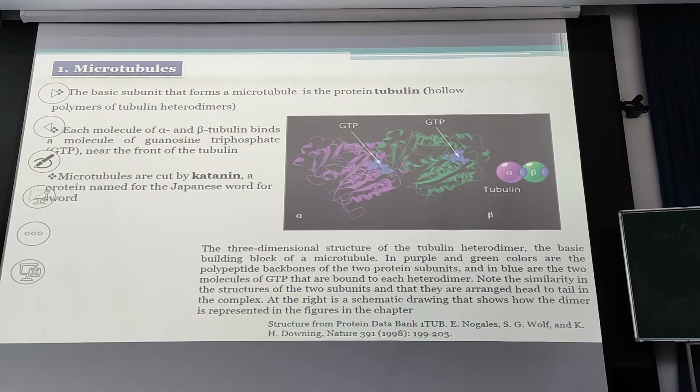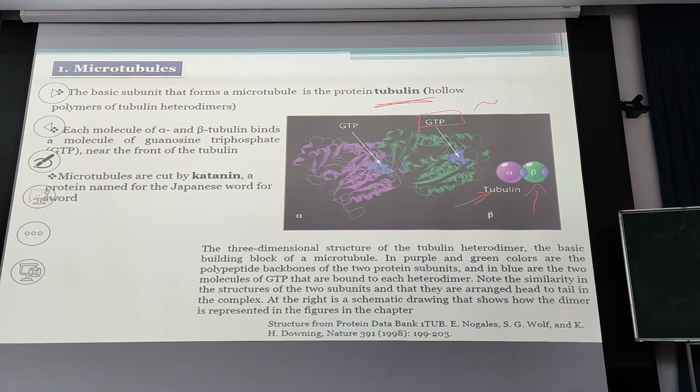First, about the microtubule. The basic subunits that form a microtubule are called tubulins. Here, alpha and beta tubulins bind with GTP, guanosine triphosphate.